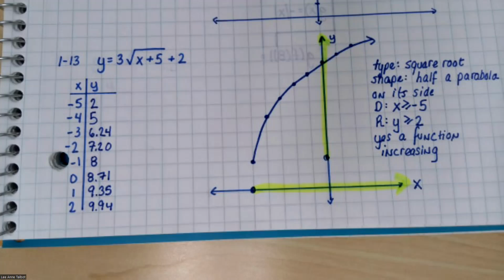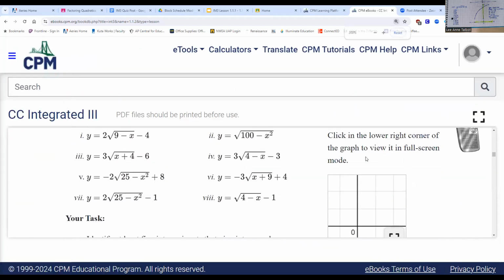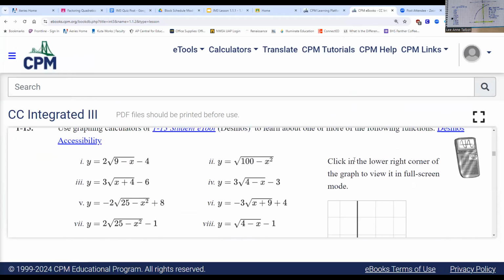So if you guys could send one person per group up to get a big piece of paper, markers, and a ruler.